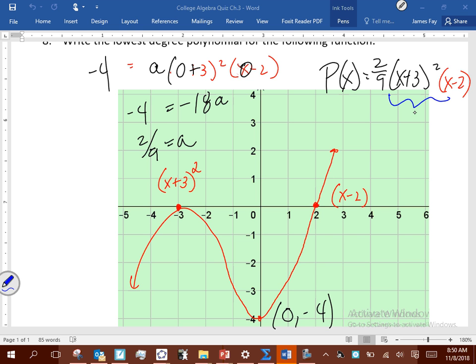If you've got that, I'm happy with that. Now we have to make that step to find that 2/9, understanding that there's an infinite number of functions that pass through negative 3 and 2 in that manner. To find that one specific function that also goes through 0, negative 4 is going to be important for us. All right, let's talk.